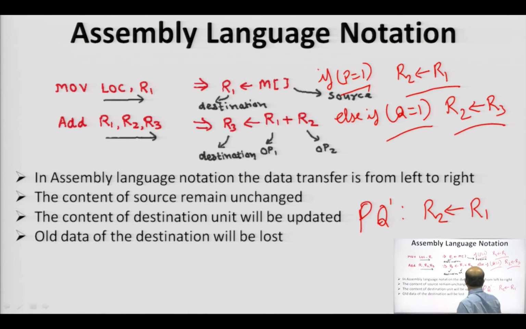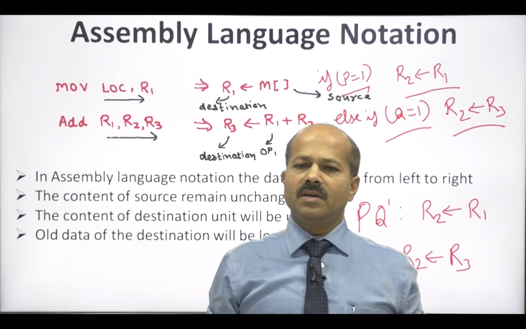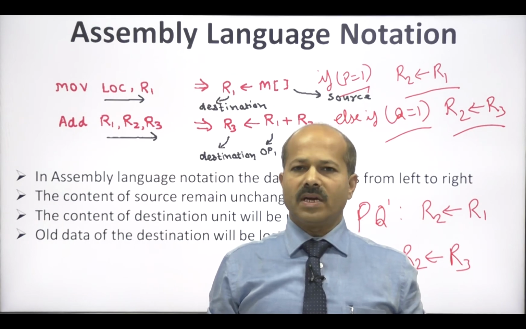And in the second case, else if Q is true, that means P is false, P dash Q, this operation will take place. Which one? R2 to R3. So, multiple transfers between registers can also be represented using this symbolic representation, this language. So, let us have a quick recap of the whole lecture.